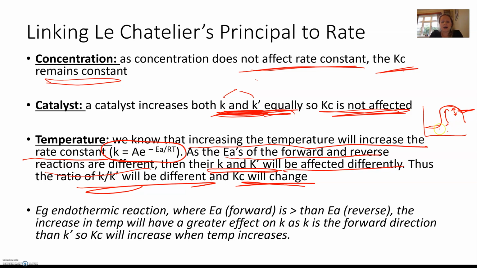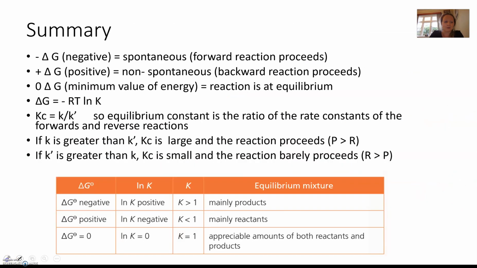And therefore, when temperature increases, the Kc will also increase. That's just because if you massively increase this one, this is going to go up as well. So that's pretty cool. Now you can link in all of this.